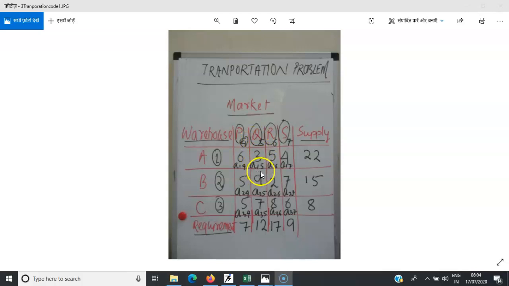So A14, A15, A16, A37, these are all the supply quantities that need to be supplied from the different warehouses to the different markets, so that at the end we can optimize the cost. How much quantity should be supplied from warehouse 1 to the different market points, and how much from warehouse 2 to the different market points, we need to calculate, looking into the transportation cost on the different routes and the demand and supply constraints. So A14, A15, up to A37, these are all my variables.